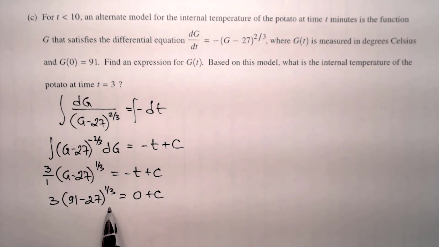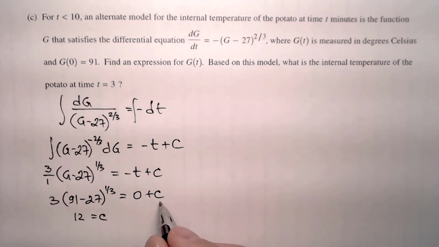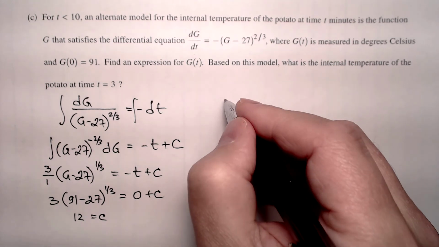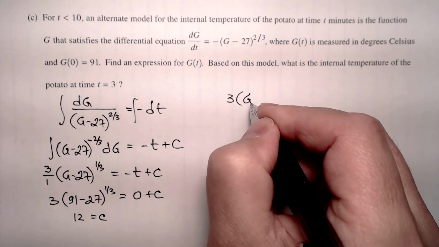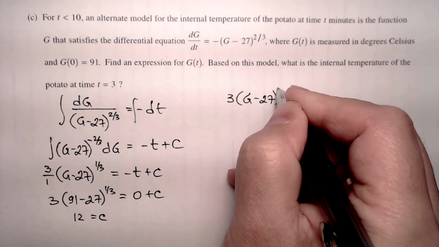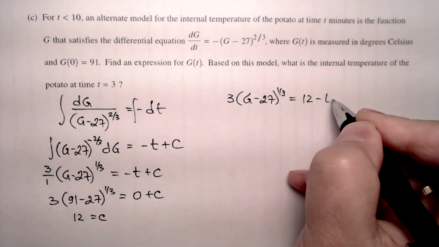Cubic root of 64 is 4. 4 times 3 is 12. So c is equal to 12. Now we can continue writing this. We'll get 3 times (g minus 27) to the power 1/3 equal to 12 minus t.